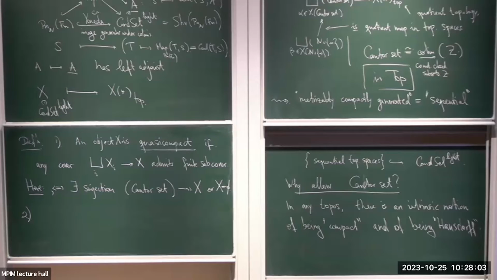And then there is this intrinsic notion of being quasi-separated, of being Hausdorff. This notion was introduced by Grothendieck in SGA 4. Of course, Grothendieck was using algebraic geometry lingo, so instead of Hausdorff, he said separated. Because it's just a general topos-theoretic notion and not the specific separated notion in algebraic geometry, he calls this quasi-separated.